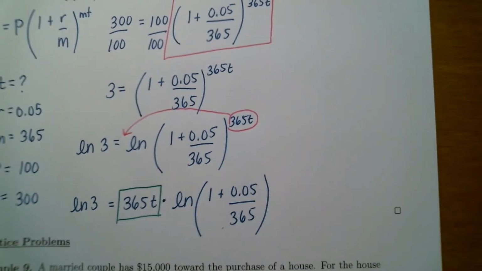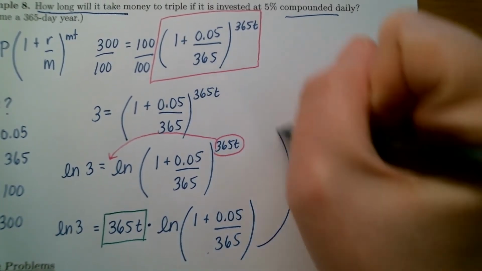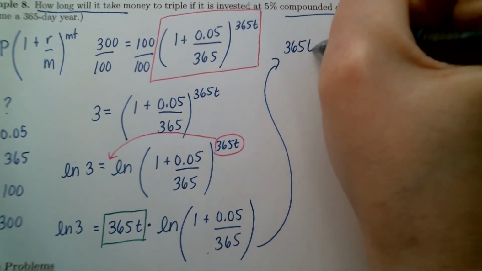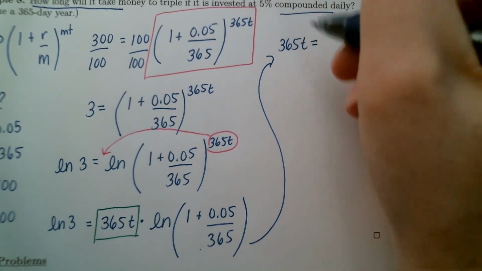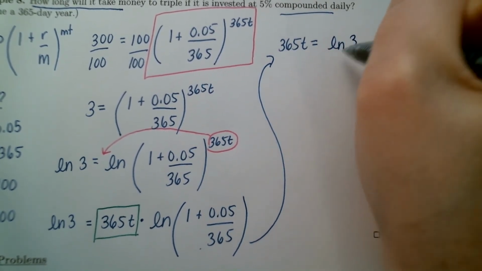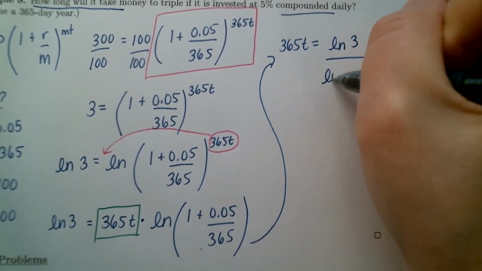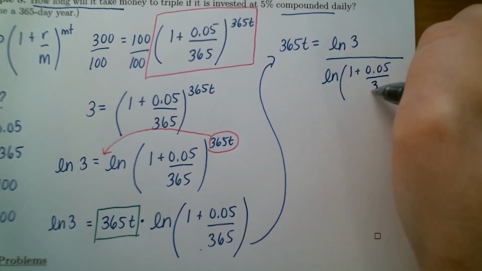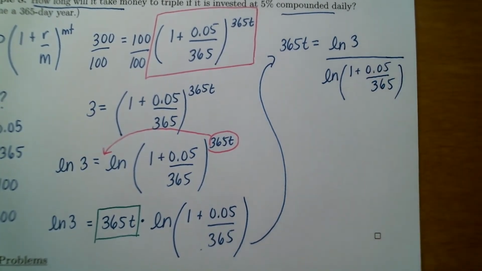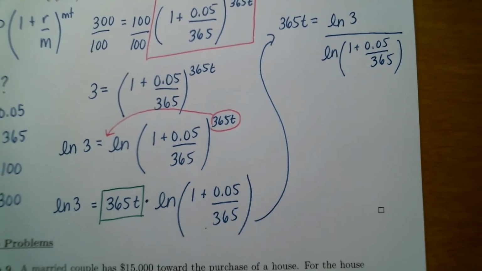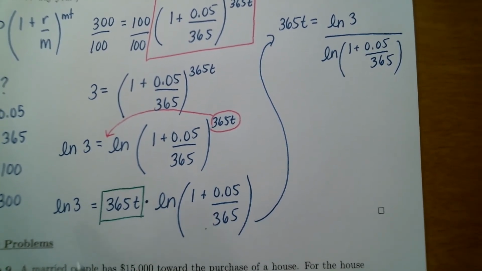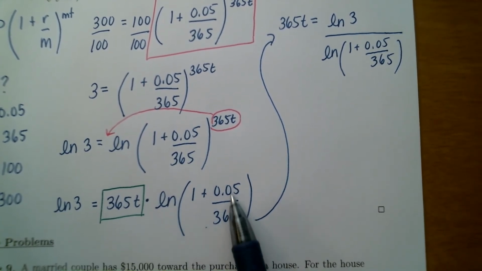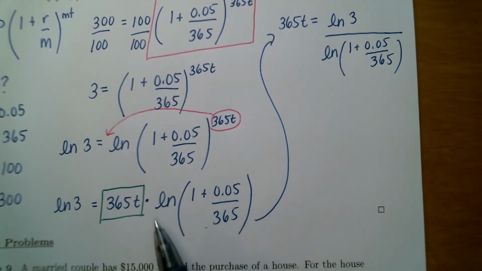So when you do that, that's going to leave us with this: 365t is equal to the natural log of 3 divided by the natural log of 1 plus 0.05 divided by 365. Take a minute and make sure you understand that. It's just a number. To isolate this guy, I've got to divide both sides by this quantity.